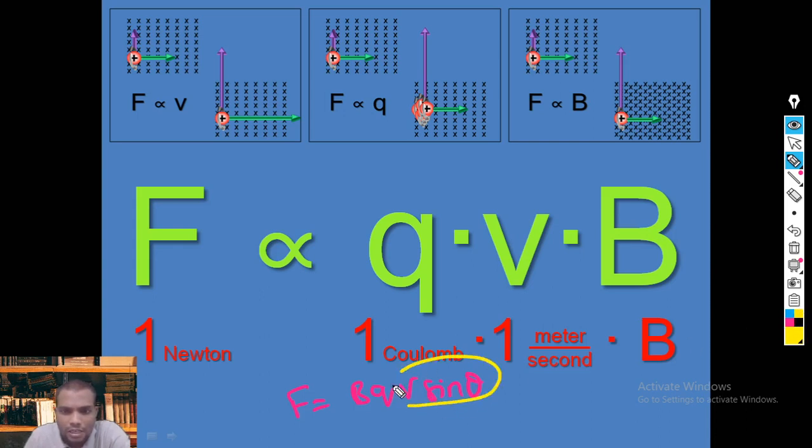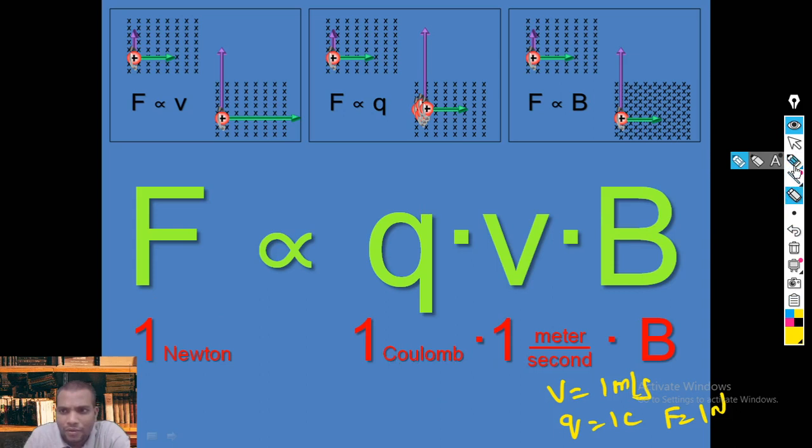So this is a velocity component. Even for the velocity component, if we take the velocity V equal to 1 meter per second and the charge equal to 1 coulomb, the force acting on it is 1 Newton. So we can easily define the magnitude of the magnetic field.